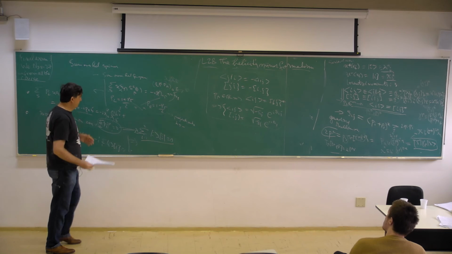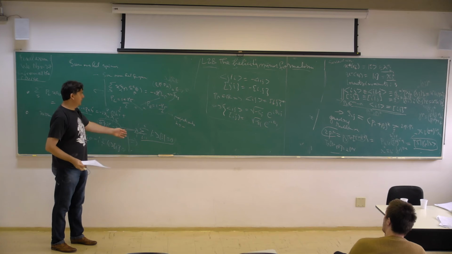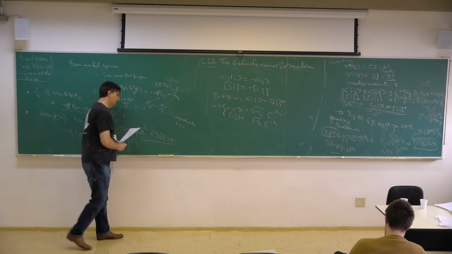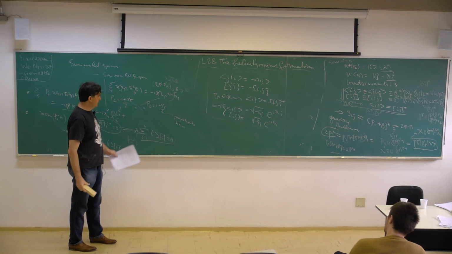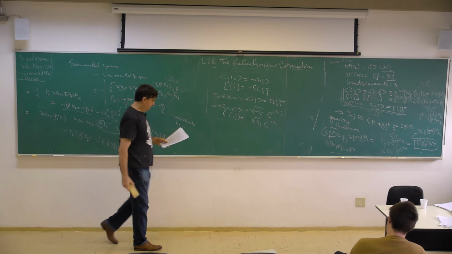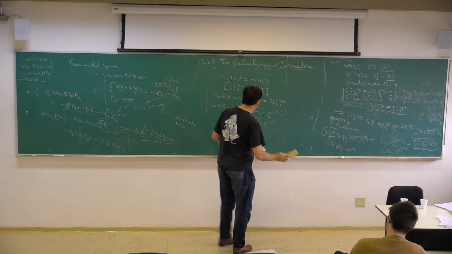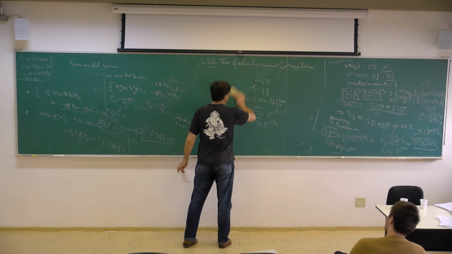Okay, so this is another useful identity when dealing with amplitudes with external helicity spinors, so we could rewrite these factors. Now, there's one more identity that is useful.